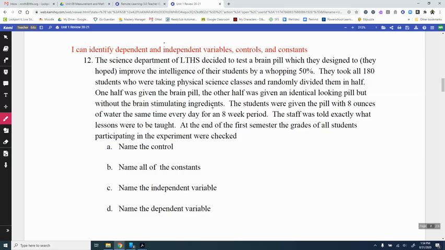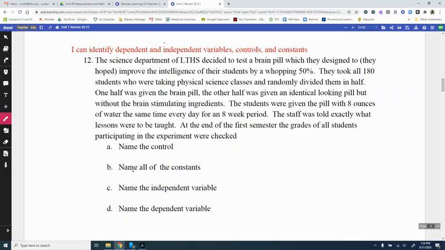So the group that got the pill but did not get the actual active ingredients, that was the control. They were not getting the independent variable applied to them. So they are the group that you're going to compare the experimental group to, which is why we have a control group, so that we can compare the experimental group to them.